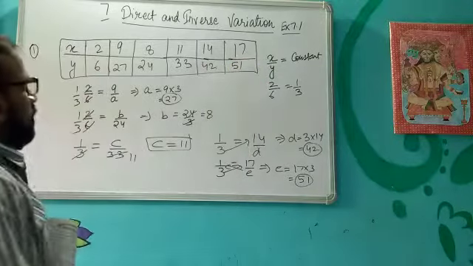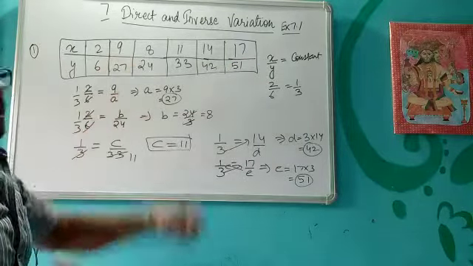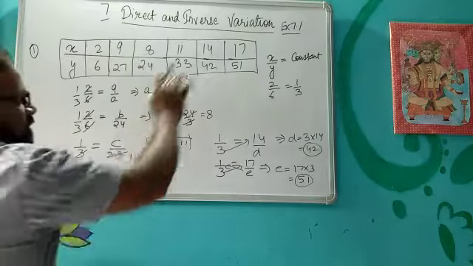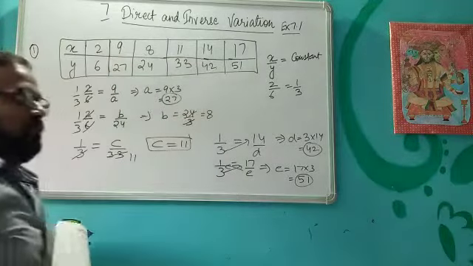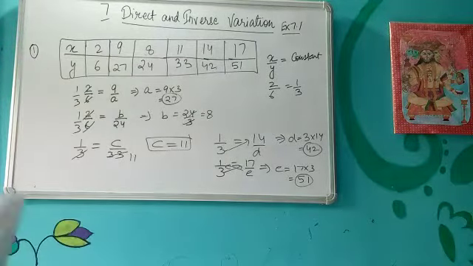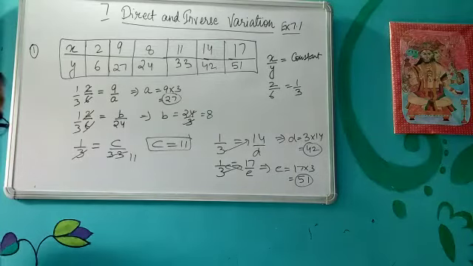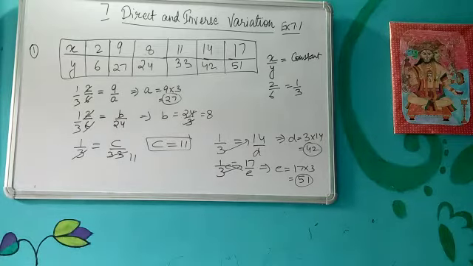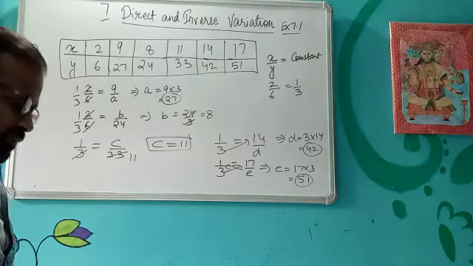So when you calculate the ratio everywhere, you will get the ratio of x to y as 1 upon 3 everywhere. So this method we will use to solve the word problems, that is, the ratio of x upon y will remain constant. So let's see a few word problems.